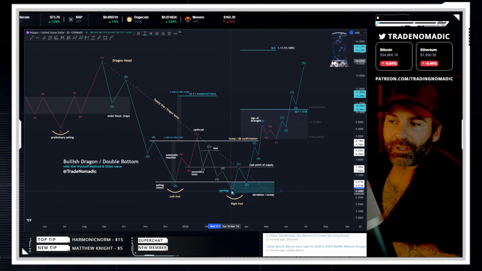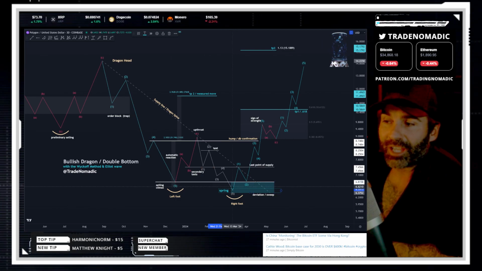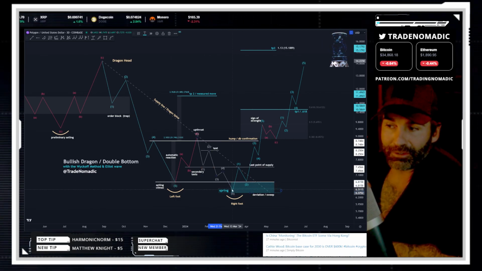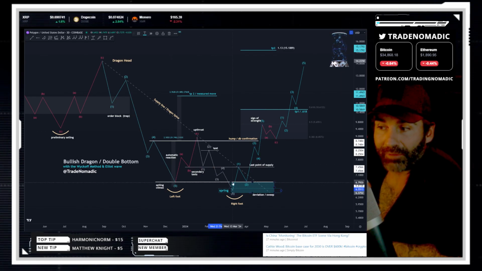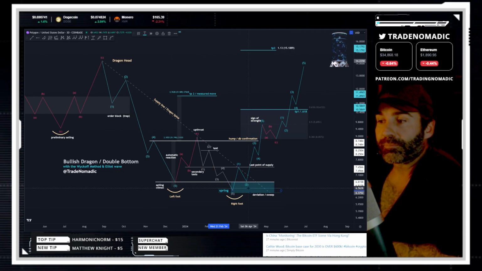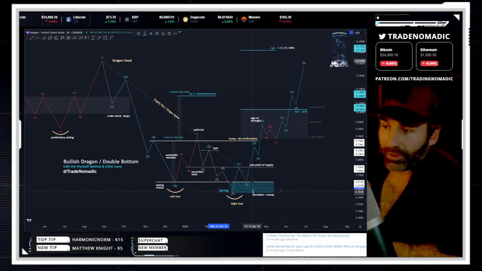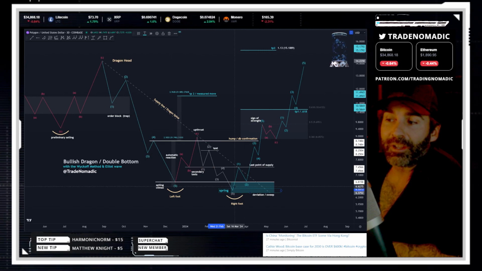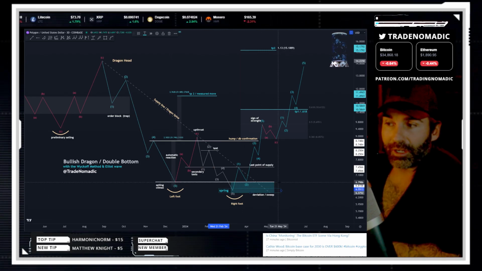You want to see a clear reaction, a statement that is telling people you're not pushing price lower. Buyers are stepping in here to defend this level, and then you want to see the reclaim of the range. And that would form the spring event. You could call it a sweep, you could call it a deviation below the range. That's going to create your right foot idealized.